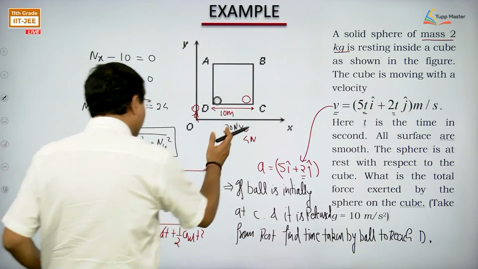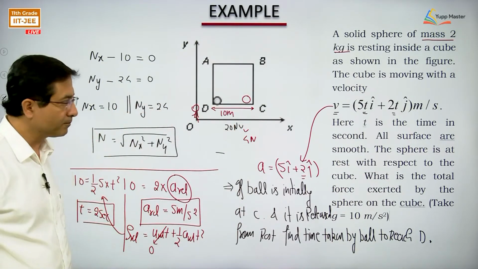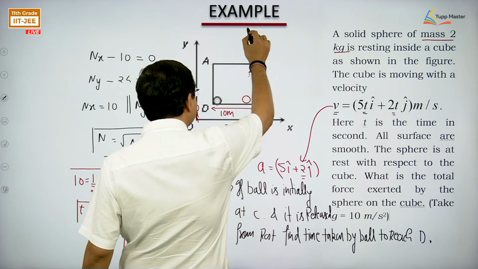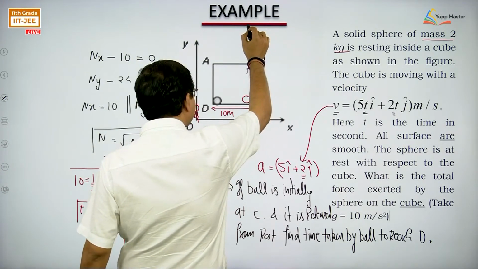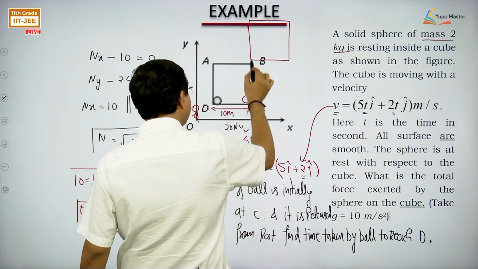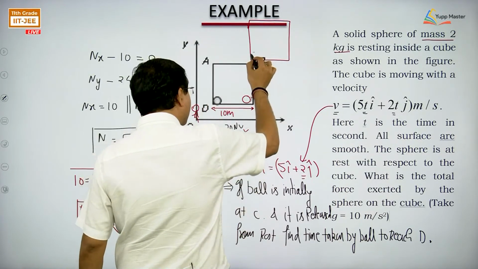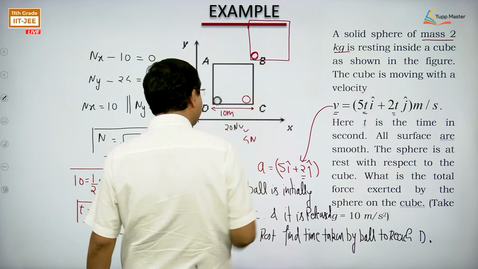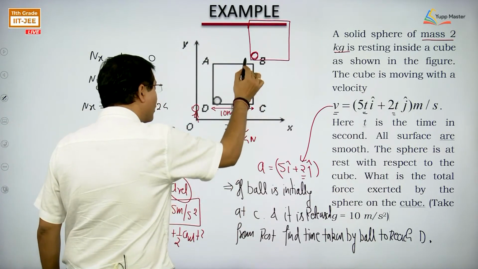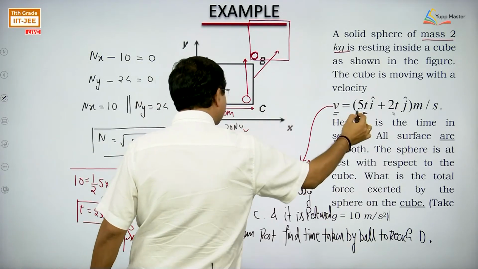In y direction there will be force coming, the normal reaction and mg resultant will accelerate the ball up. So after some time, the situation is something like this. The ball will only move in y direction, the lift will move in x and y direction. So the ball will be somewhere here. So the person standing on the ground will observe that the ball is going in y direction only, but the lift is going in x direction and y direction.